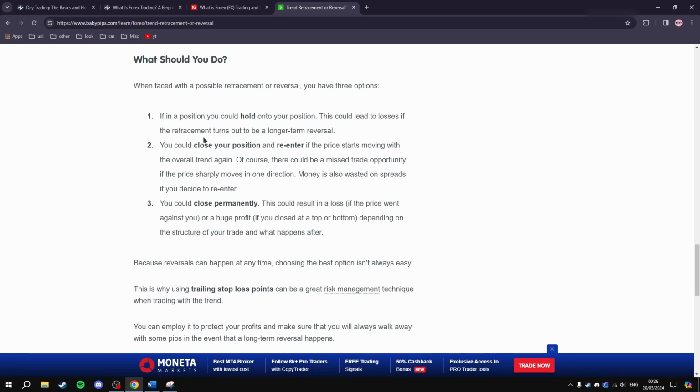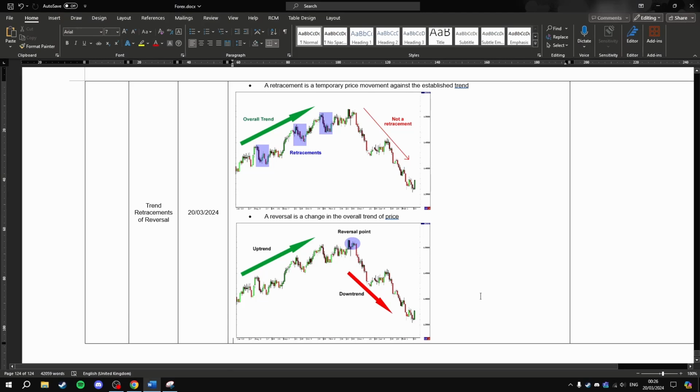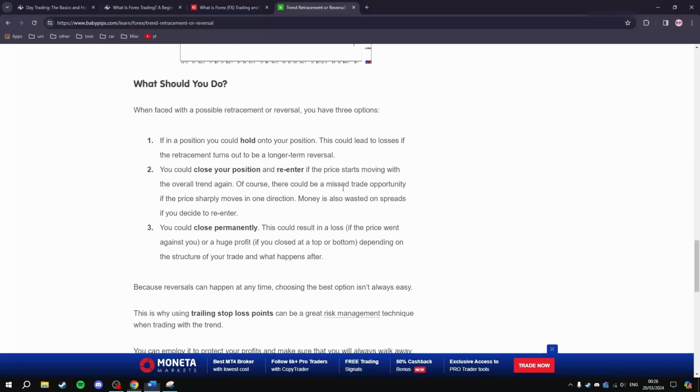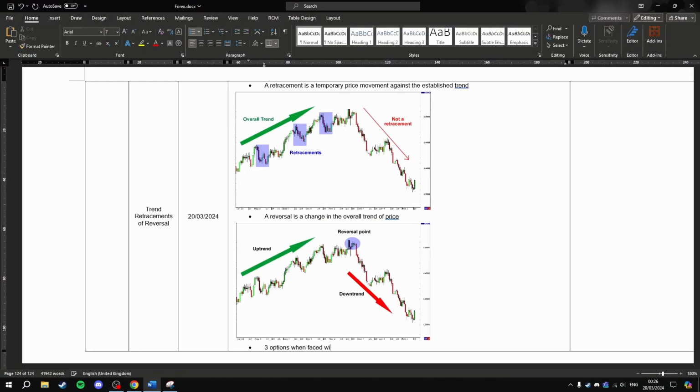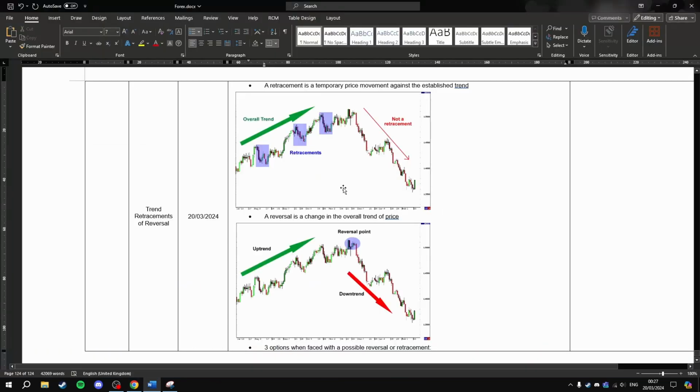This could lead to losses if the retracement turns out to be a longer term reversal.